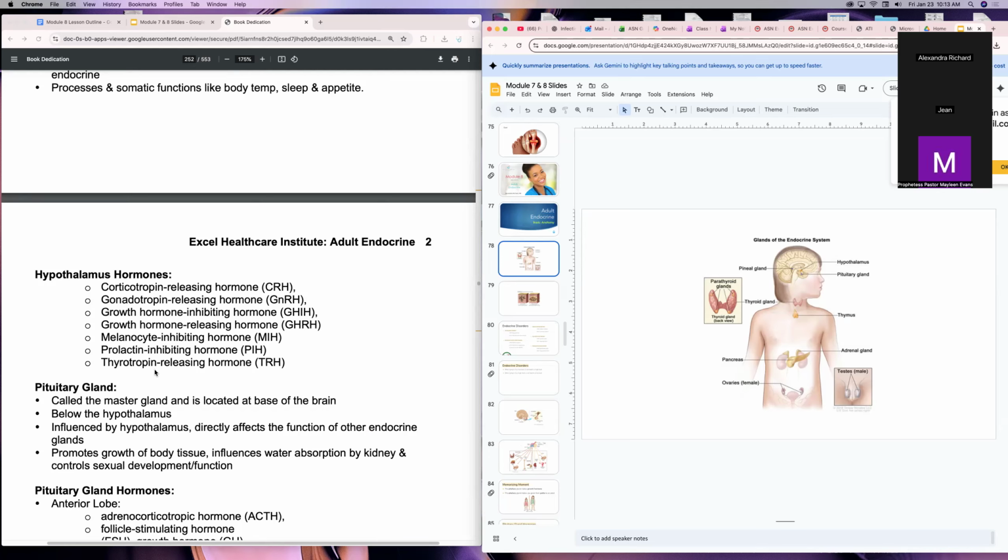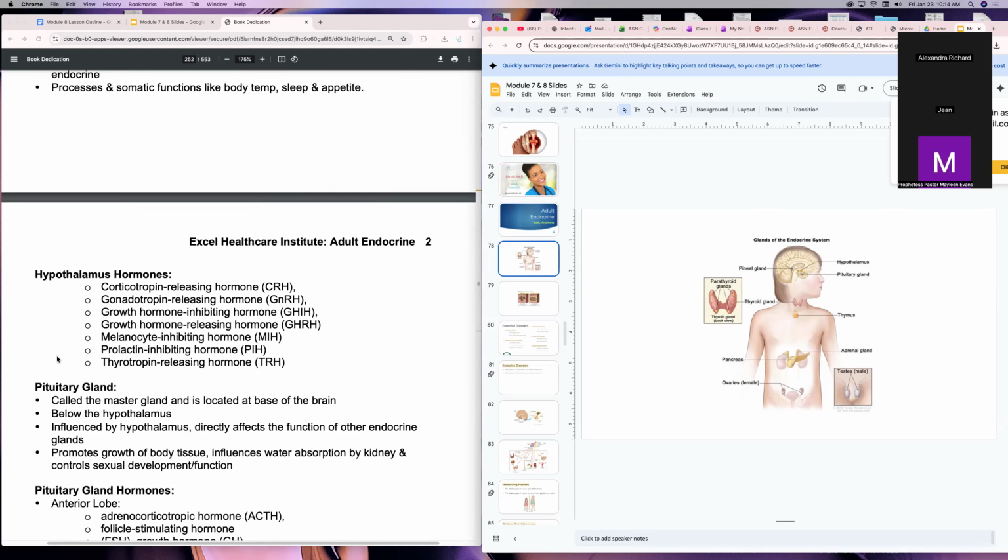So when growth hormone inhibiting hormone is released, it inhibits the release of growth hormone, versus growth hormone releasing hormone will cause the release of growth hormone. Melanocyte inhibiting hormone, prolactin inhibiting hormone, and thyrotropin releasing hormone. So you're going to hear names similar to this, and it's going to form a bridge later on.